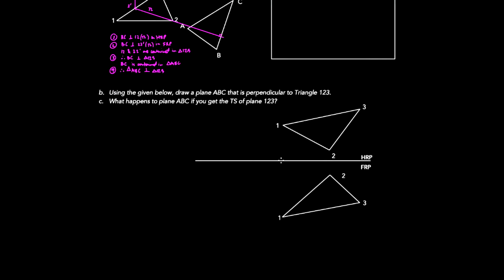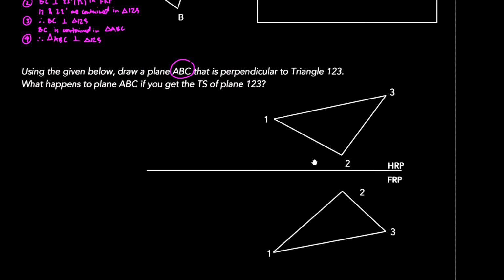So we want to construct a plane ABC so that it is perpendicular to 1, 2, 3.